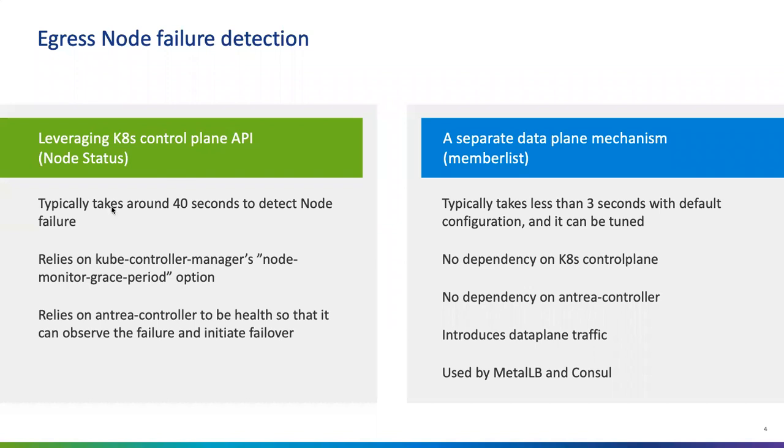One is to leverage the Kubernetes control plane API, specifically the Node API. For example, we could have an Antrea controller watch the Node API for status changes. When a node that holds some egress IPs becomes unhealthy, we could let the Antrea controller reassign these egress IPs to other nodes.